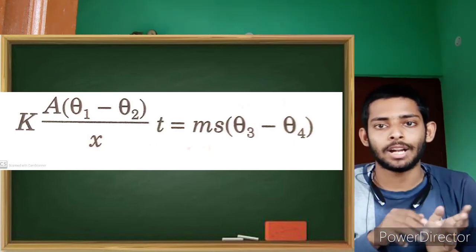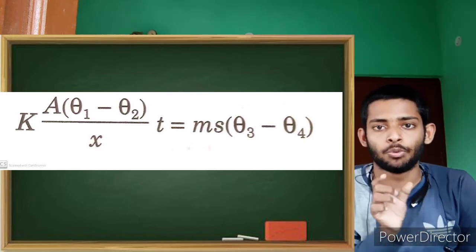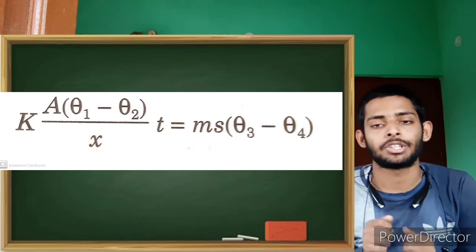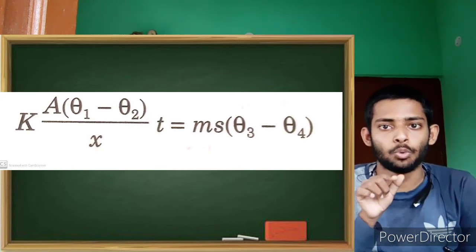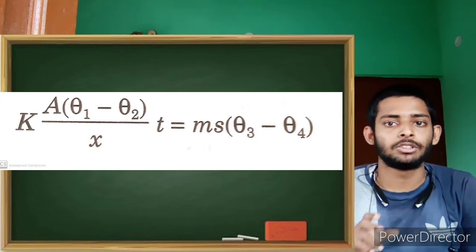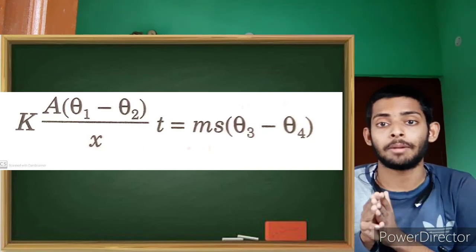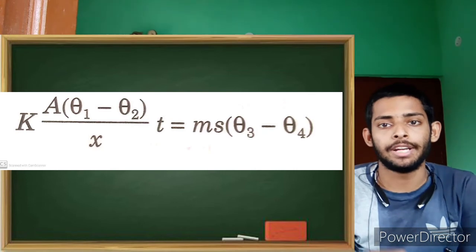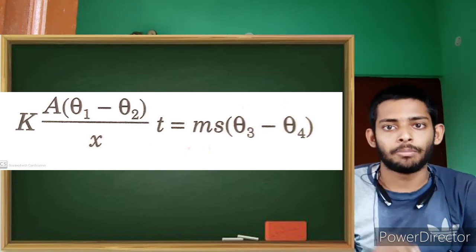Similar to that, heat current into time gives the heat flow. So if we equate, heat current into t, which means the total heat energy passed in the time t, is equal to the heat absorbed by the water, which is m s delta T.